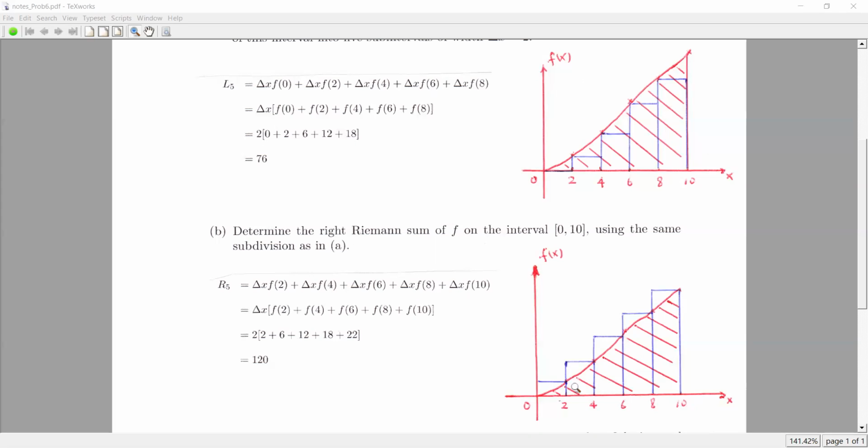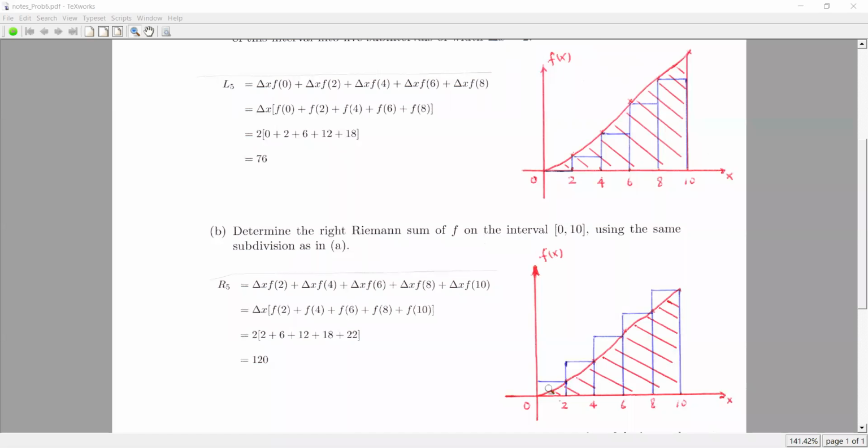The sum of the areas of these 5 rectangles is the right Riemann sum in Part B. The notation is R5. R means right. 5 is the number of rectangles.